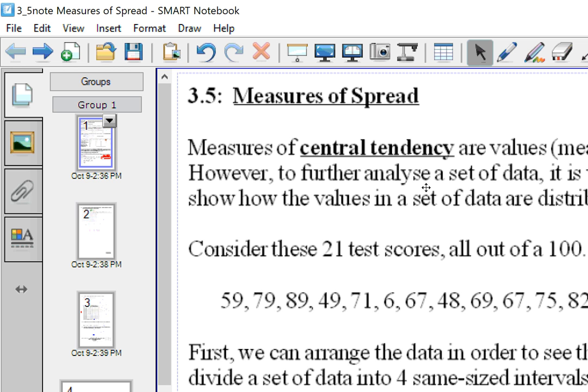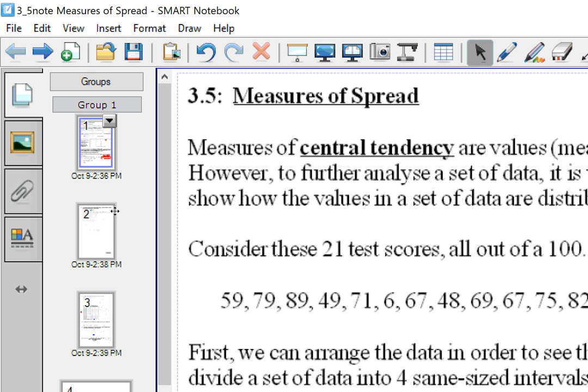And here's the thing. We need to find the middle quartile. The middle quartile is in the center. The middle quartile just happens to be the median. Now, if there's 21 data points in this set, we'd have to take 21 divided by 2, and that's 10.5. We round up, that's 11.